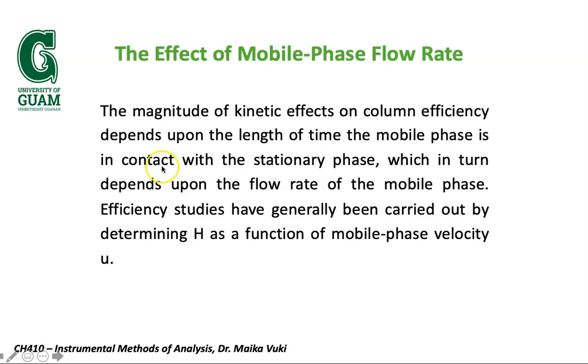So this process in which the mobile phase runs through the stationary phase is what we want to consider, in terms of how that flow rate is going to be changed or influencing the final outcome. The efficiency studies have generally been carried out by determining H as a function of the mobile velocity or the mobile phase flow rate.